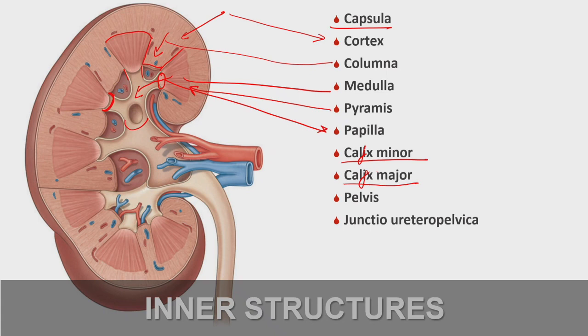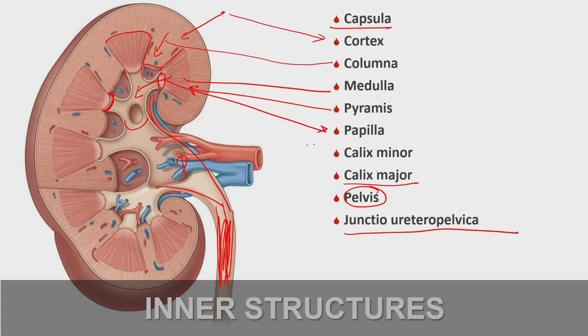Calyces form some groups, typically superior, medial, inferior, and they are fused into the structure which is called pelvis. And a pelvis then is following to the last part, which is called junctio ureteropelvica, or ureteropelvic junction, where pelvis is continuing to ureter.